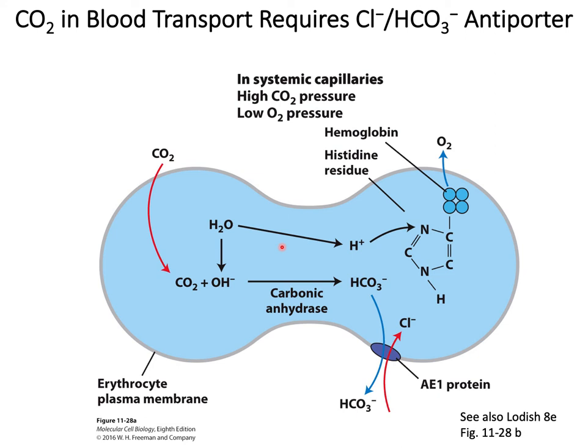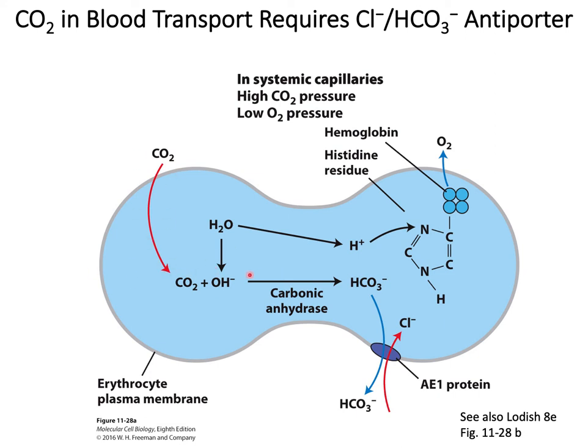So approximately 80% of the CO2 in blood is actually carried by bicarbonate ions. The systemic capillaries, which we are seeing right here, have a high CO2 and low oxygen in their environment. And this CO2 gas actually diffuses into the erythrocyte or the red blood cells across the plasma membrane.